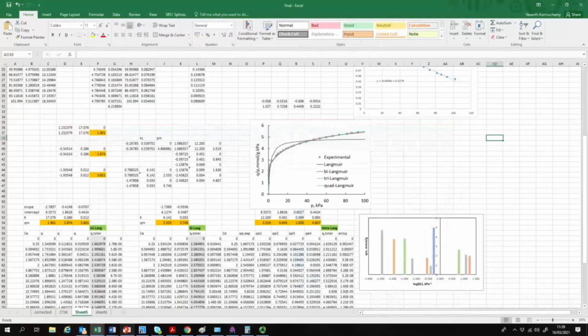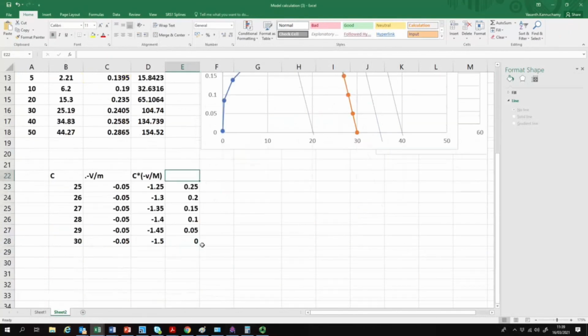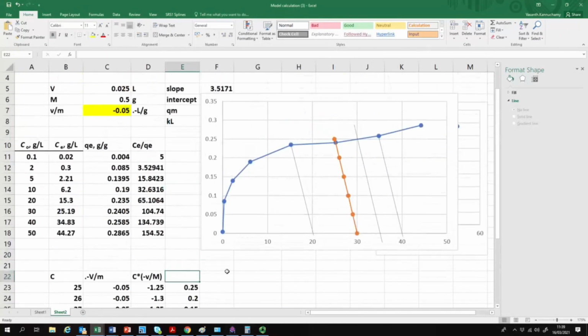Yeah, let's go back to this one. So now what I asked is, I changed the volume. Volume is equal to 50 liters. That should be equal to 0.05 milliliter. And then mass is again the same. Mass is nothing but 0.5 grams.